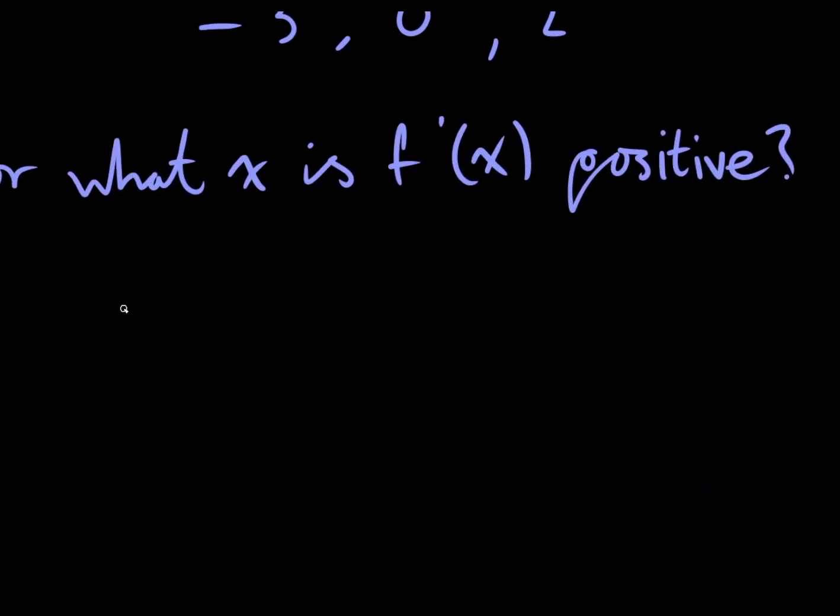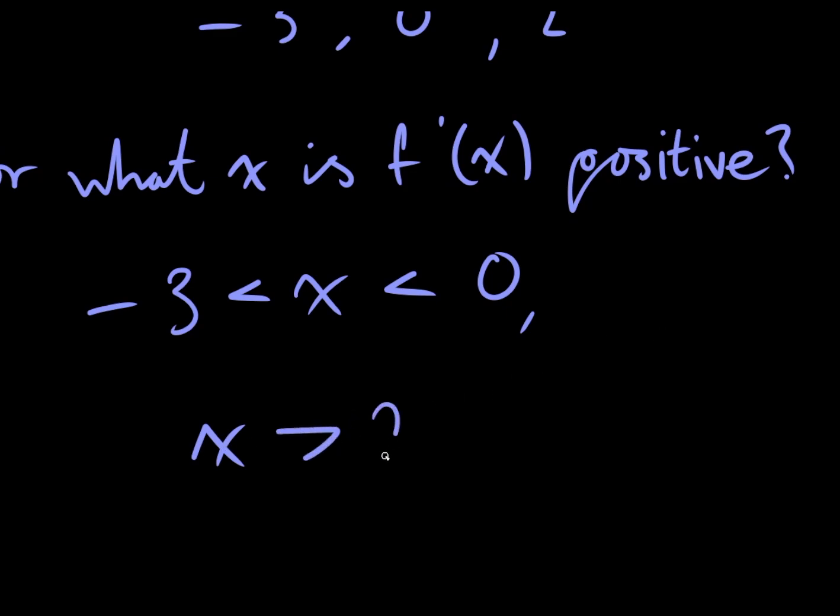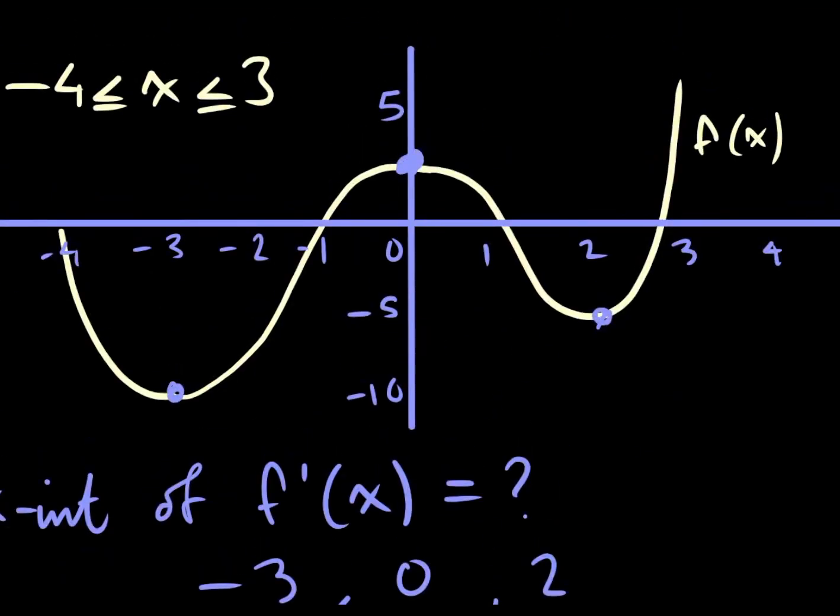So from -3 is less than x, not equal to, because at that point the slope is 0, less than 0, and then for x is greater than 2. Yep, because it's an increase here, and it's an increase here.